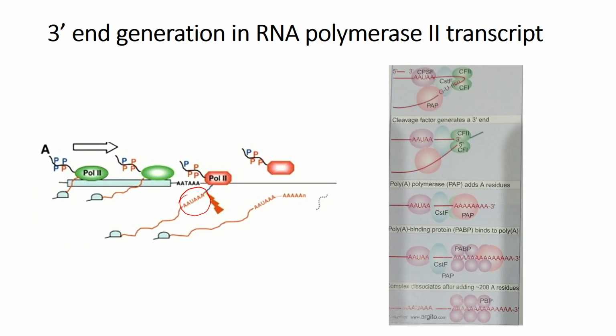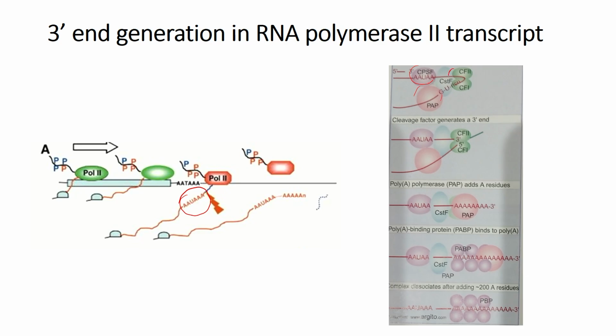With this AAU sequence, one of the factors binds. Another factor binds on the other side, where there is a GU region and a region which needs to be cut.